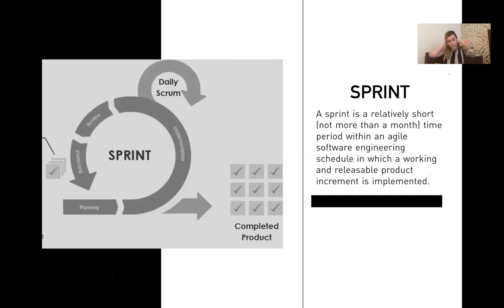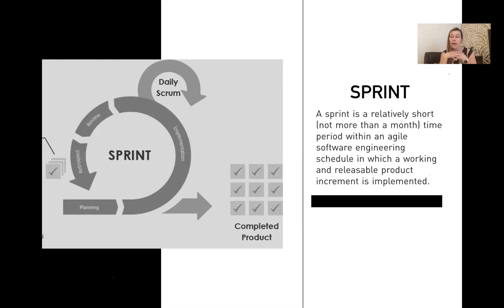So here's a sprint. A sprint is another important agile term to know, just like scope. Sprints are relatively short, not more than a month, time periods within an agile software engineering schedule in which a working and reliable releasable product increment is implemented.